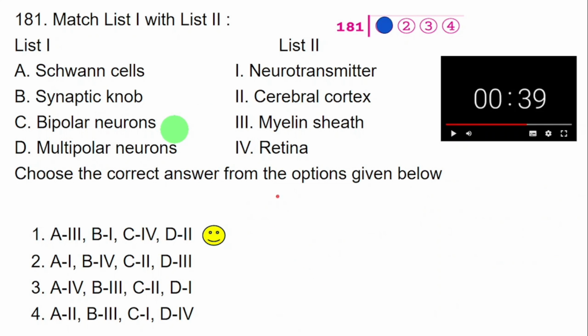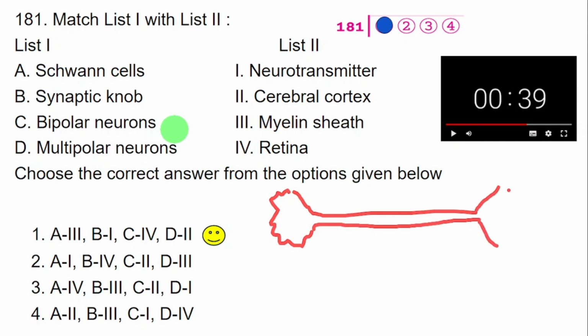Then next one, synaptic knob. At the axon, if this is the neuron, now I will draw a horizontal one. So this is the axon, and at this end, the axonal end has the knobs. If you focus on this part, if this is the membrane, the neurotransmitter will be present in vesicles. When action potential reaches the axonal end, these vesicles will undergo exocytosis.